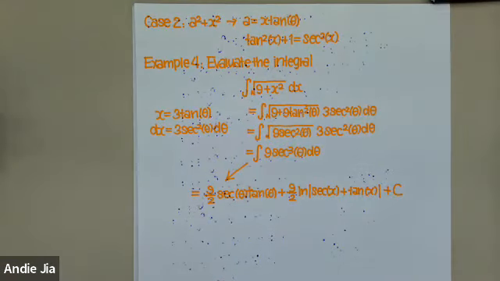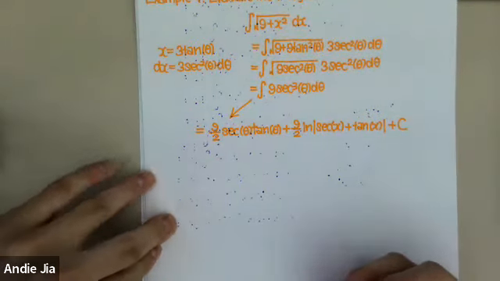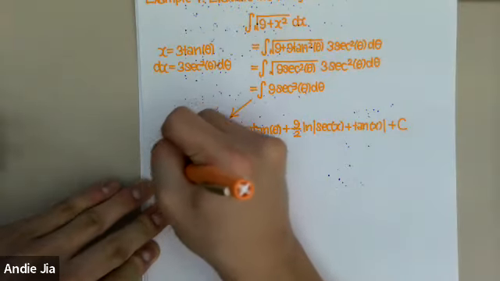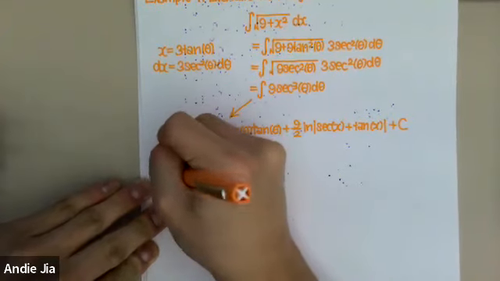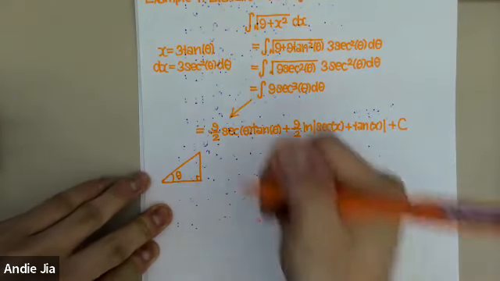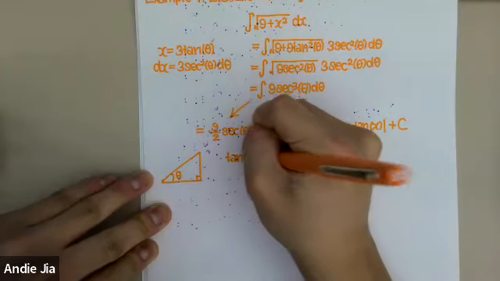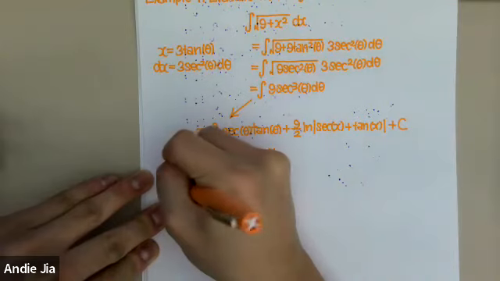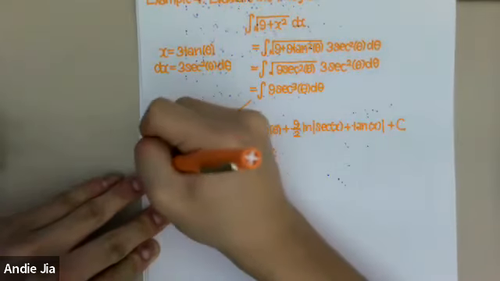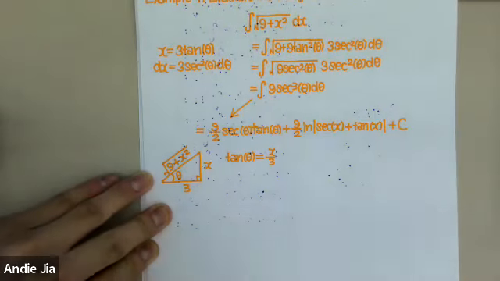So what are the secant of theta and the tangent of theta? We sketch with a triangle here. Tangent of theta is going to be x over 3, so the hypotenuse is the square root of 9 plus x squared.